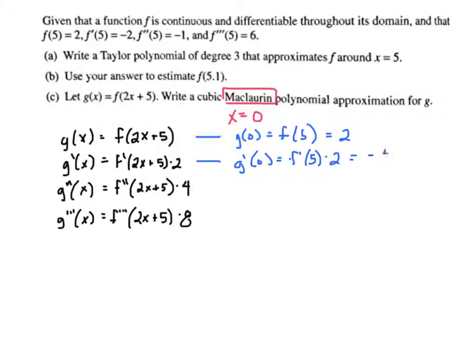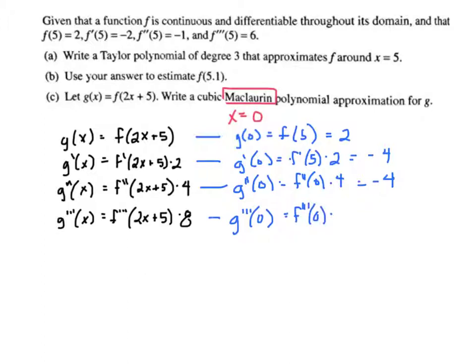That's negative 4. g double prime of 0 is the same as f double prime of 5 multiplied by 4, so that's negative 4. And g triple prime of 0 is the same as f triple prime of 5 multiplied by 8. So that's 48.